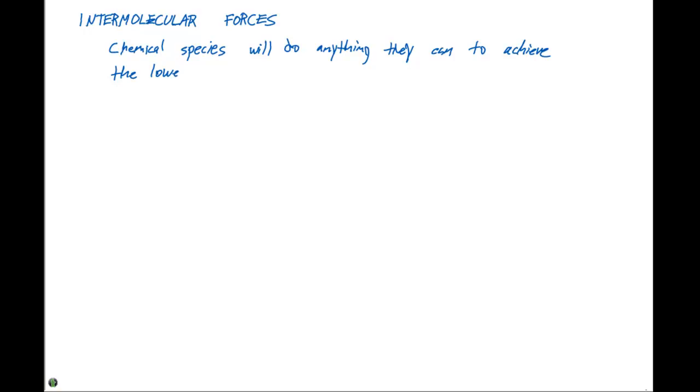So what we can say is that chemical species will do anything they can to achieve the lowest energy or most stable state.